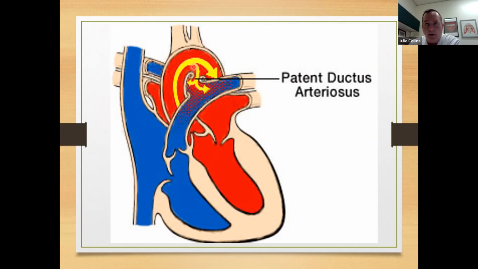Same thing with MAPCAs. And we'll talk more about MAPCAs in the next section. But those are major aortopulmonary collateral arteries. So in patients with severe cyanotic defects, we talked about how angiogenesis happens in the heart when you have a mottled heart that has been hypoxic for a long time, chronically hypoxic.